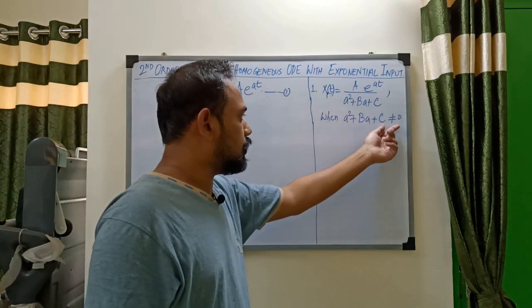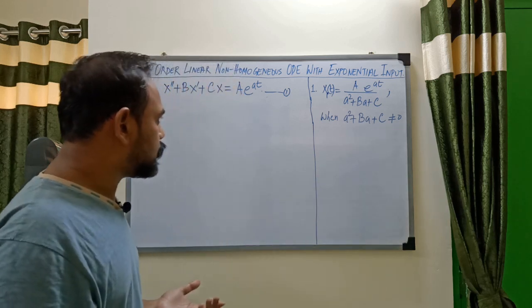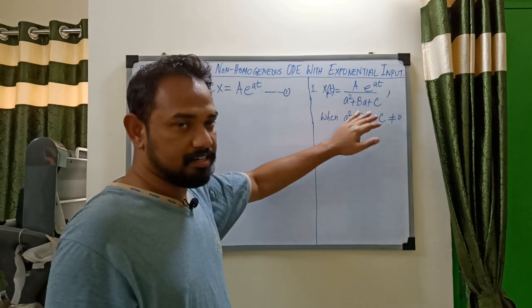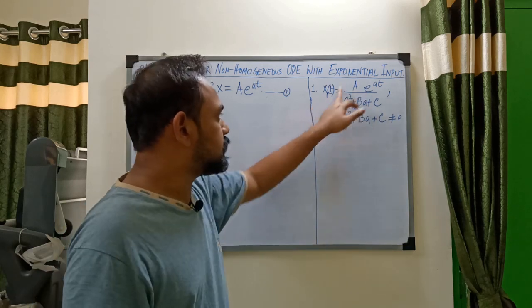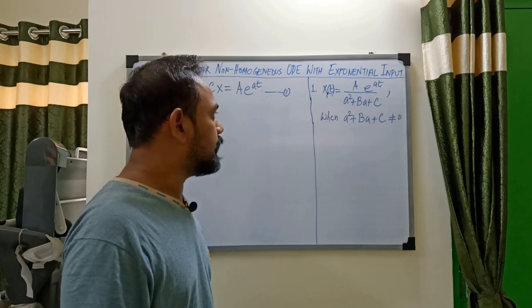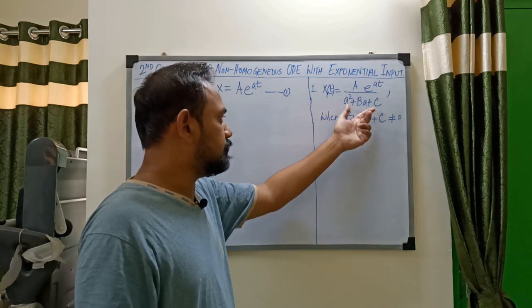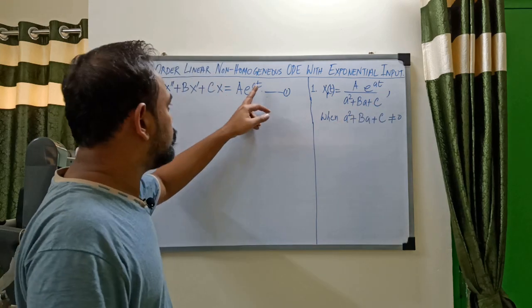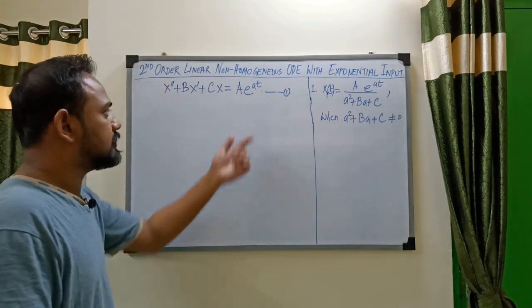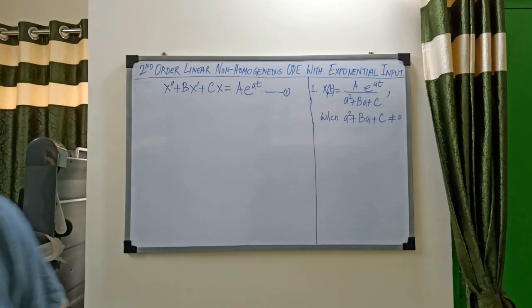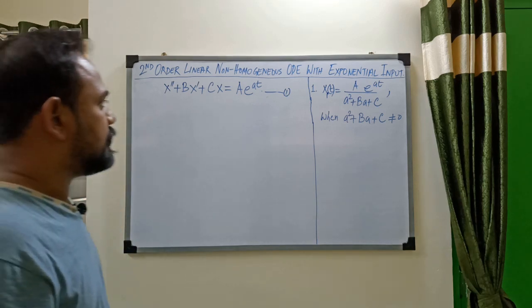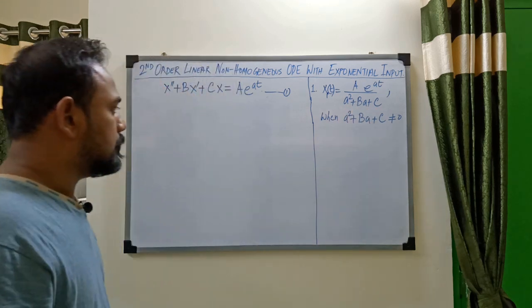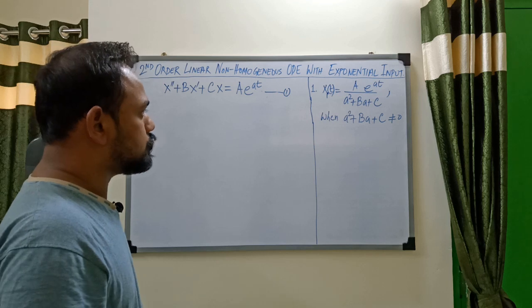If this factor here is non-zero, then we had shown that the particular solution in that condition would be this function here, A divided by this non-zero factor, multiplying the exponential of small a t, the right hand side. Now, obviously, this is valid when this value here is non-zero. But if it is zero, then we run into trouble.